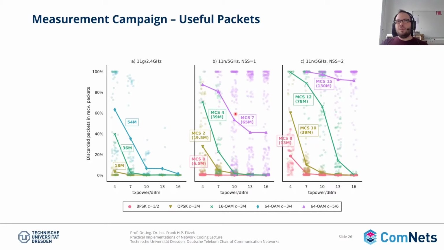We wanted to know how many packets we could use, and how many were so broken, or at least broken in the header, that they would not give us much information about where they were routed to, or who requested those packets, and so on. And we see that if we want a useful amount of packets, then we needed to increase the transmit power a little bit. These were the initial measurements to know what parameters we should set for the transmissions.